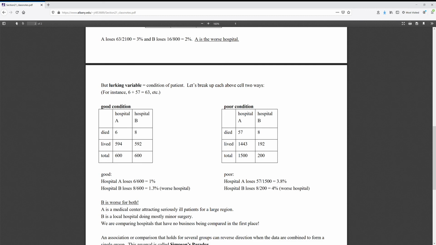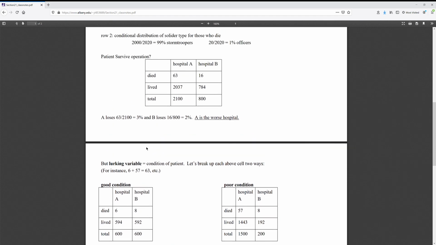The real moral here is that given the kind of surgery that A is doing, it may be miraculous that these are as low as they are. And given the kind of surgery that B is doing, it may be a scandal that these are as high as they are. So it's not that 3% is greater than 2%.